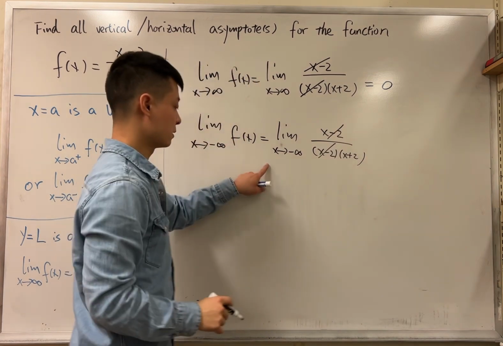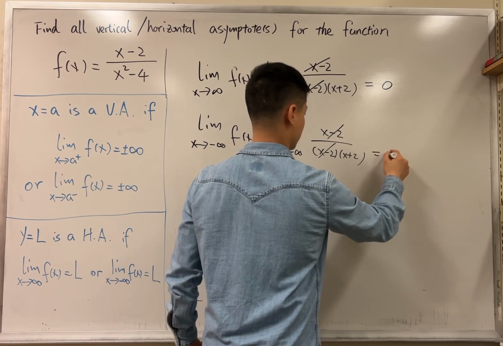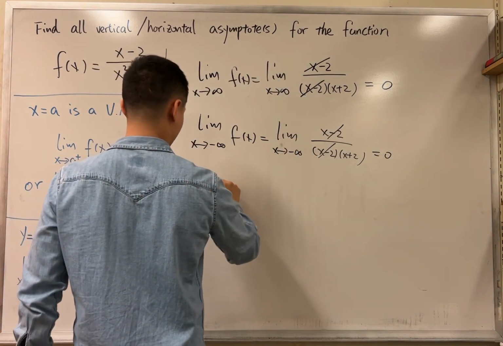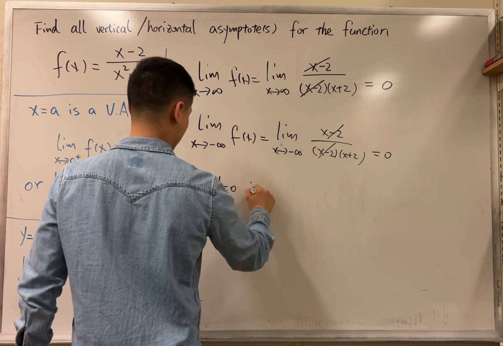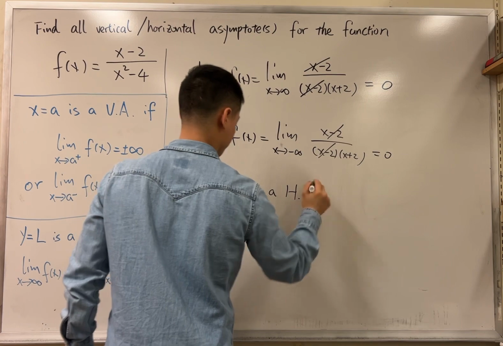The denominator is going to get very large, and that's going to approach 0. Okay, so that indicates that y equal to 0 is a horizontal asymptote.